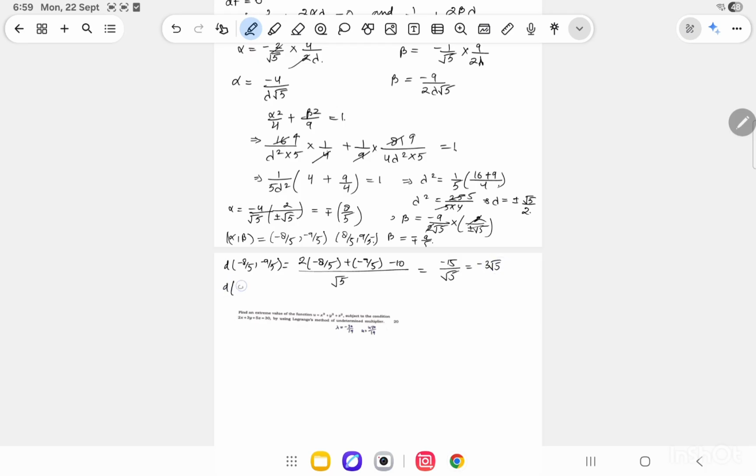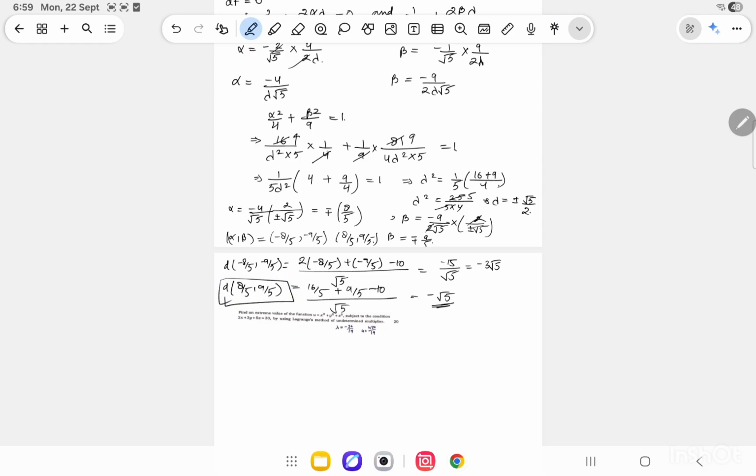And the distance at 8 by 5 comma 9 by 5 will be 16 by 5 plus 9 by 5 minus 10 divided by under root 5, that is 25 by 5, which is 5 minus 10, that is minus 5 by root 5, that is minus root 5. So this is the minimum distance at the point 8 by 5 comma 9 by 5.